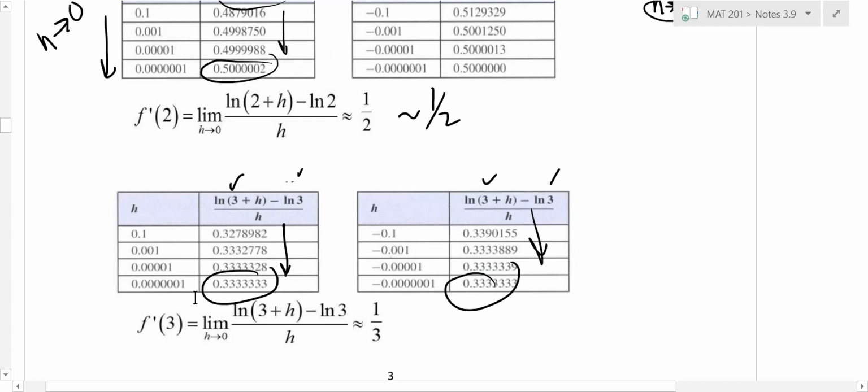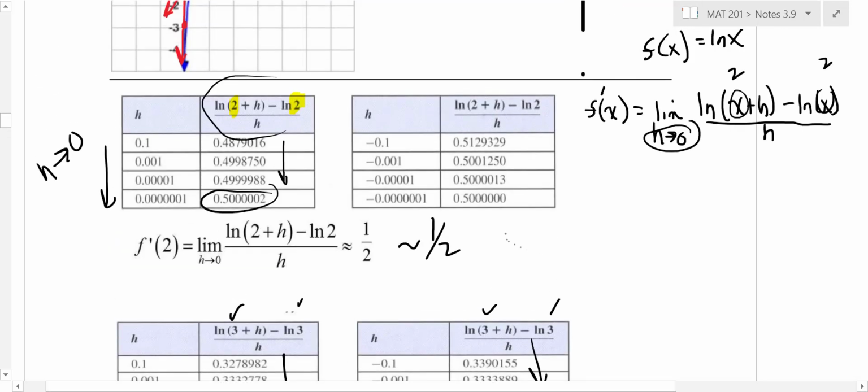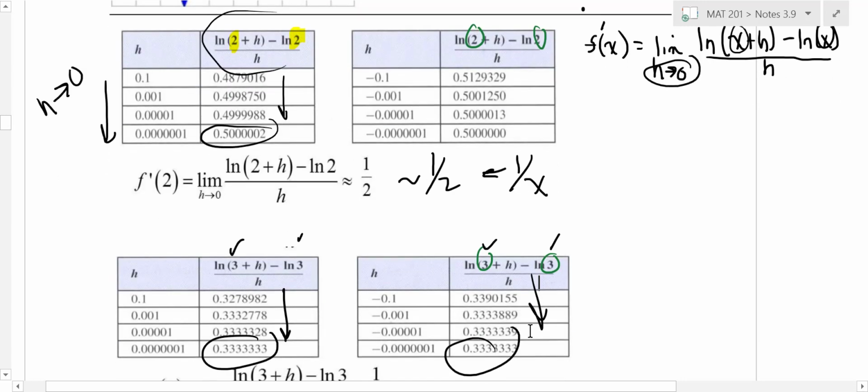How about 5? 1/5. If you took the time to do it, that's what you would be finding. So it looks like it's heading in that direction. So what we're getting is 1 over x, where x is that value: 1/2, 1/3, and so forth. You guys see that, at least from what I'm doing with the numbers?